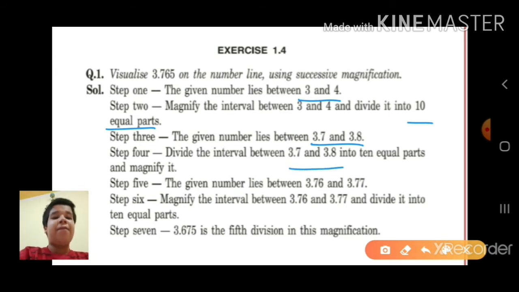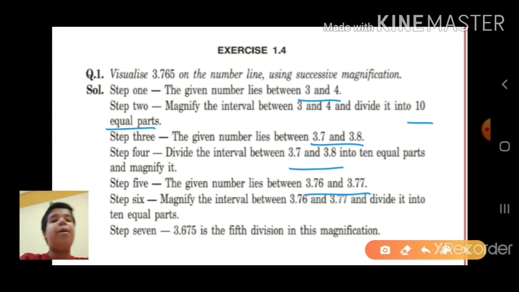Now our step 5 is the given number lies between 3.76 and 3.77. We know that our number is 3.765, so it is obvious that the number lies between 3.76 and 3.77. Now again we have to magnify the interval between 3.76 and 3.77 and divide that into 10 equal parts.